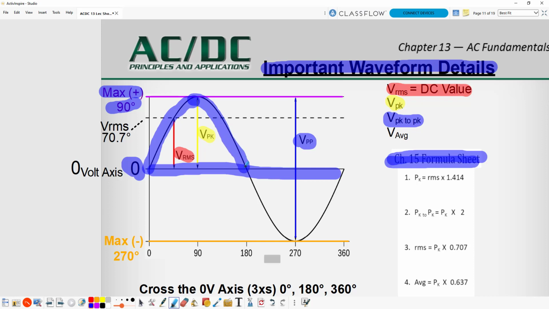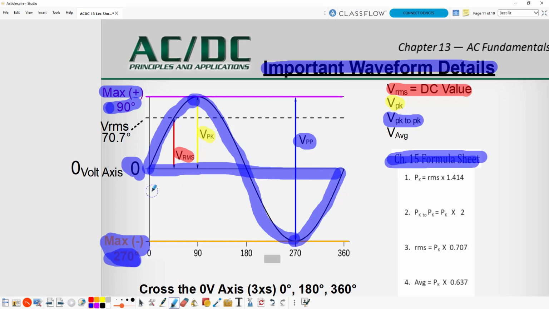As we continue to rotate, we come down here to our maximum negative. That happens at 270 degrees. So we have a max positive at 90, a max negative at 270. As we continue to rotate, we'll complete our full rotation of 360 degrees.